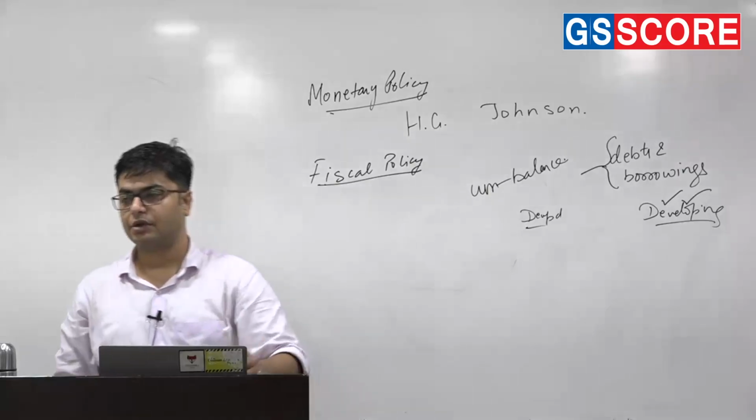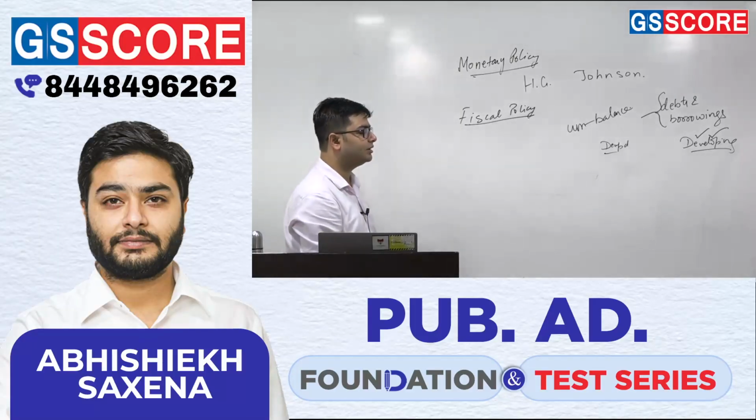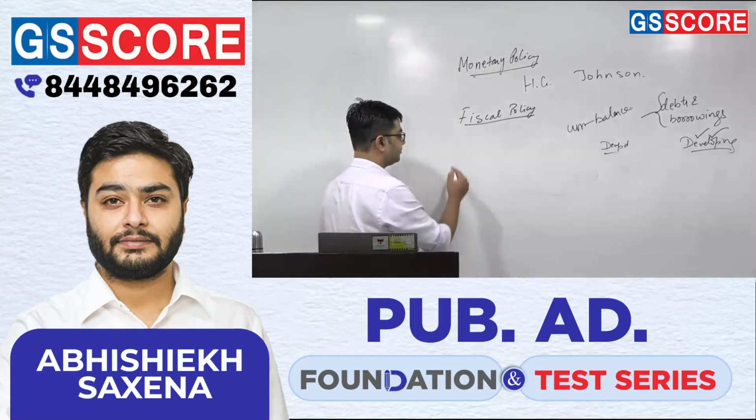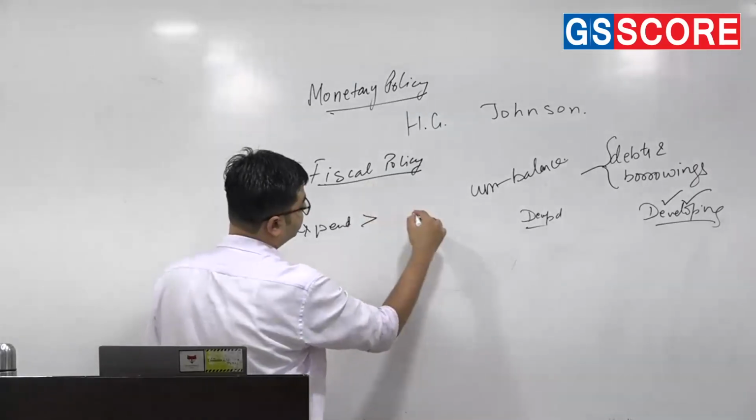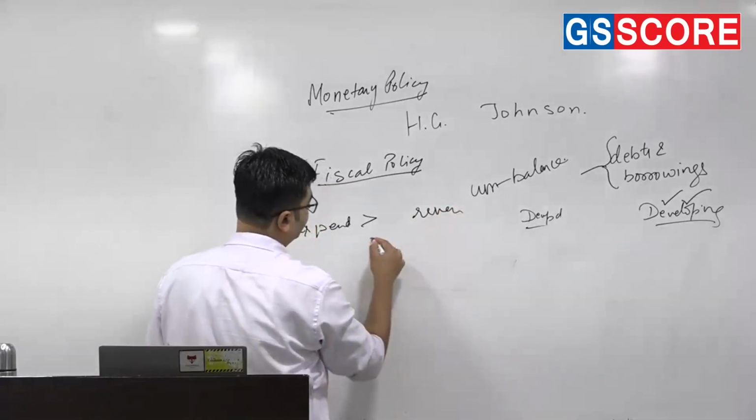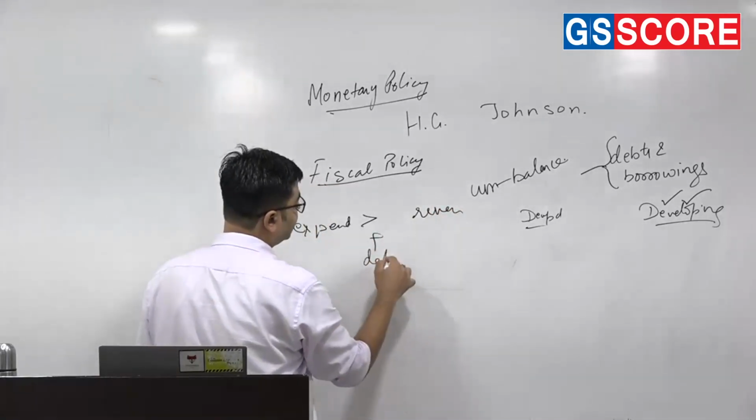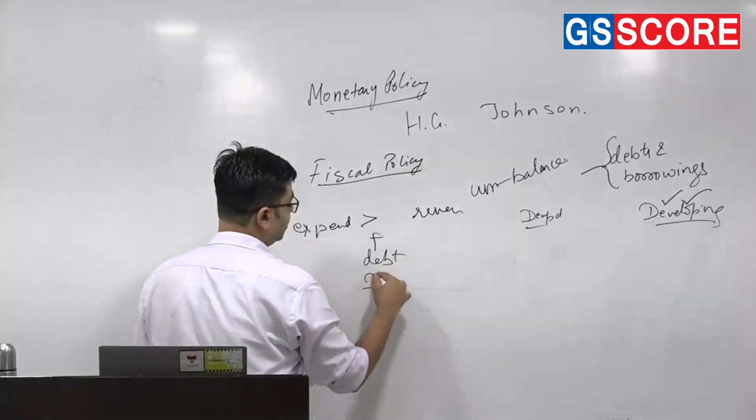Also, simplistically, whenever expenditure is greater than revenue, you add debt to somehow balance it out.